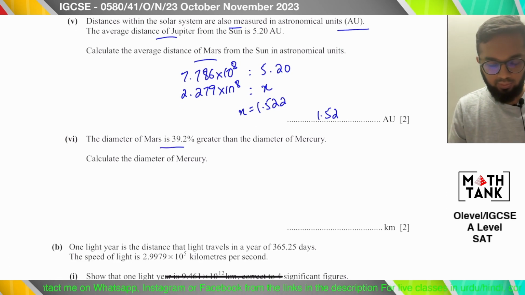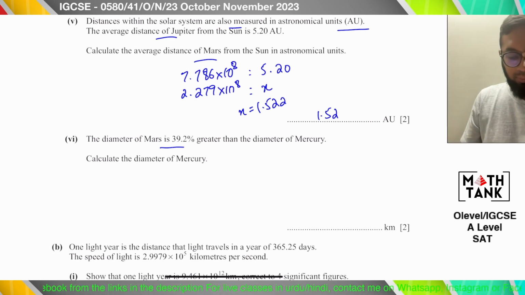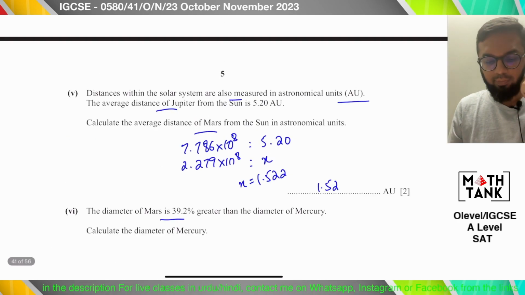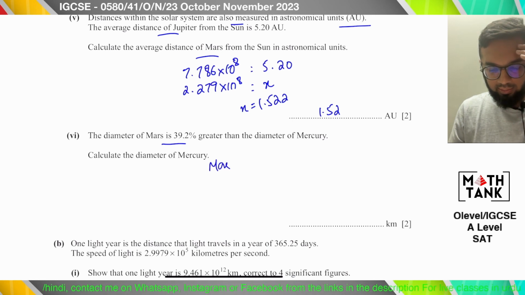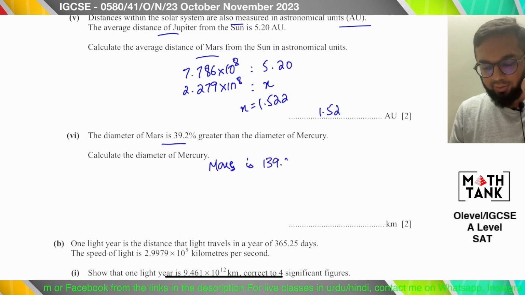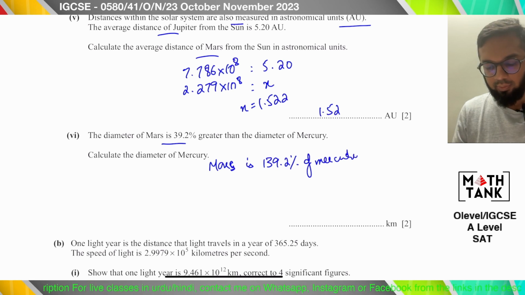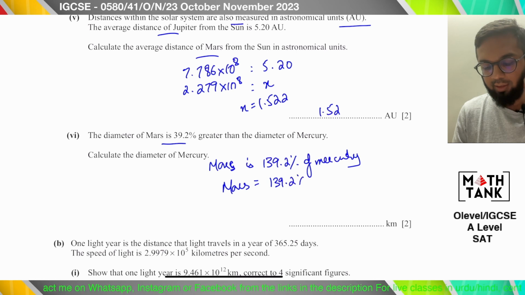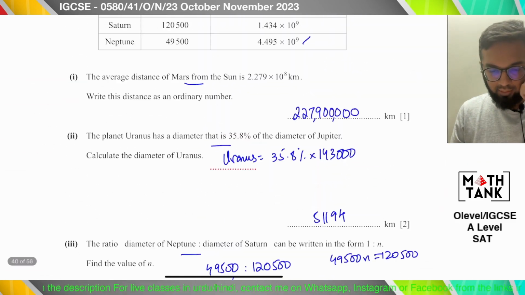The diameter of Mars is 39.2% greater than the diameter of Mercury. Calculate the diameter of Mercury. Mars is 39.2% greater, so it's 139.2% of Mercury. So Mars equals 139.2% of Mercury. I can write it like that. Let's fill out Mars, and I'm talking about the diameter.